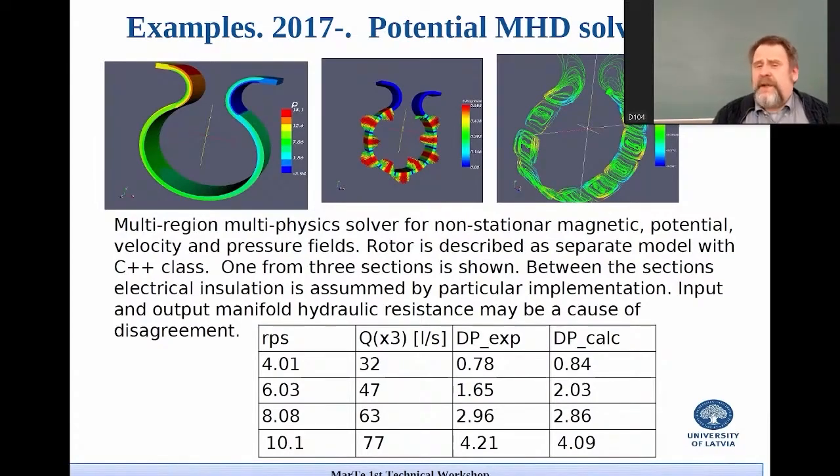And the difference can be explained because the pump is sectioned by mechanical aspects and some more additional tuning, additional code, is needed in the model in order to get those currents to flow through the sections. Because at the moment our model assumes those sections are insulated, which is not reality.